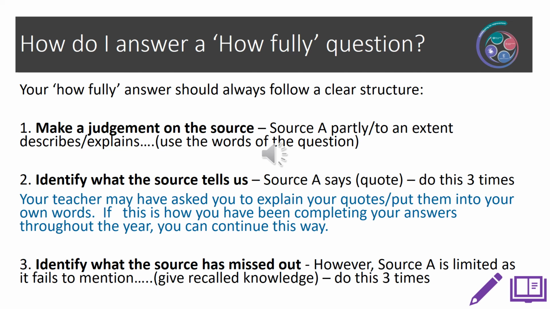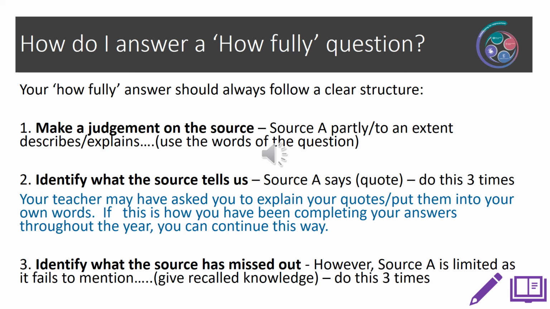The second step in your answer is to identify what the source does tell us. And how you can approach that is by saying source A says, and then you would give a quote from the source that answers the question. You would do this 3 times because there's 3 marks available for quotes from the source in a how fully question. Your teacher may have asked you to explain your quotes or try to put them into your own words.